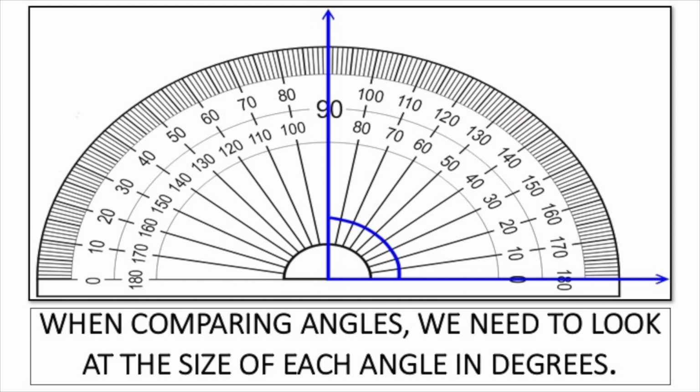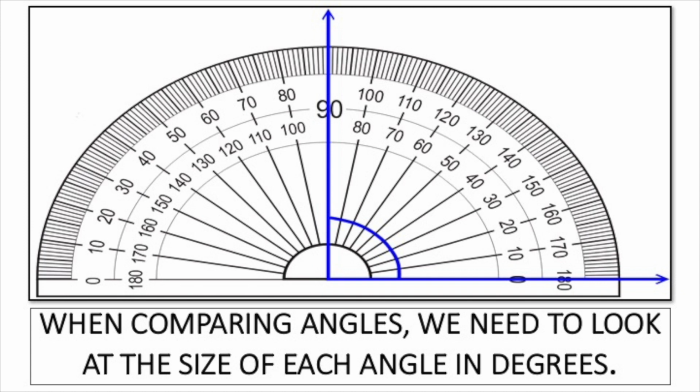Now, who can remember the name of this tool that we use for measuring angles? Beginning with P. Protractor. Yes. A protractor is a tool we use to see how big an angle is. Now look at the angle with the blue lines. Who can tell me how many degrees is the blue angle?